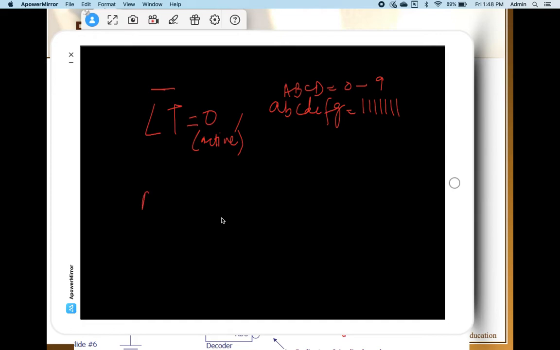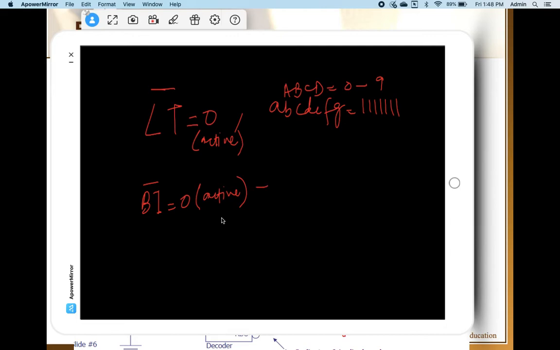Similarly, for blanking input, if blanking input is active or enabled, I'm writing both words. In the previous slide, I used the word enabled. Enabled or disabled, and this is active or inactive. It's the same thing.